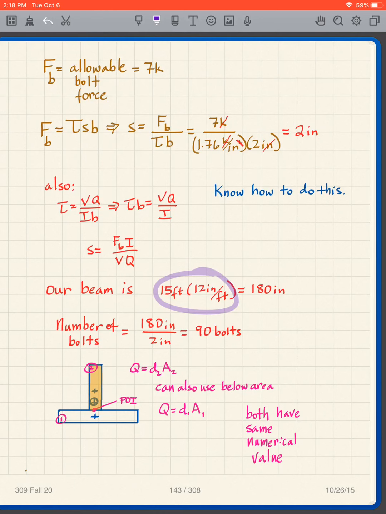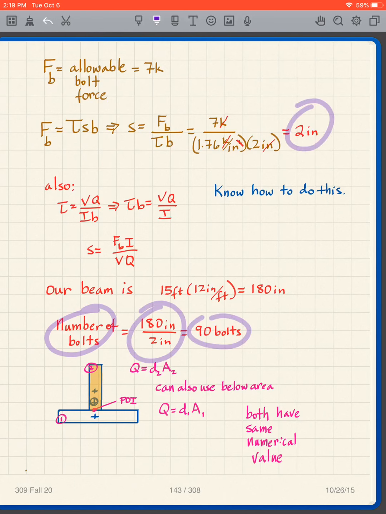Our beam is 15 feet times 12 inches per foot, so our beam is 180 inches in length. So my number of bolts is 180 inches divided by the spacing, 2 inches, I get 90 bolts. And that is how you do a bolt problem.